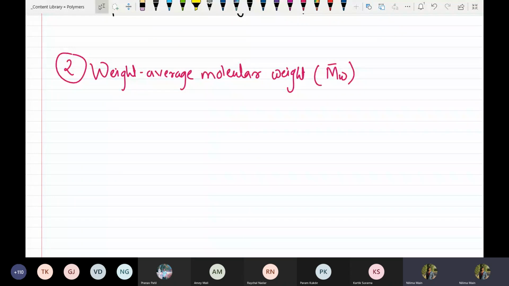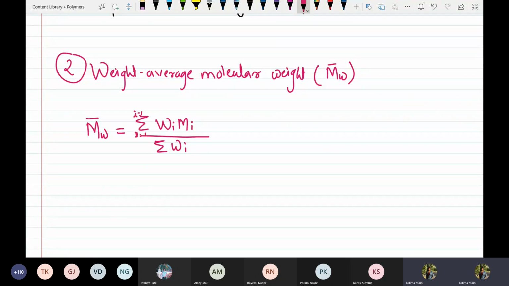So the formula for this is weight of polymer having a specific molecular weight, their multiplication, divide by weight of the polymer, correct? Because it is average with respect to weight. So this you will have to expand, but correct?